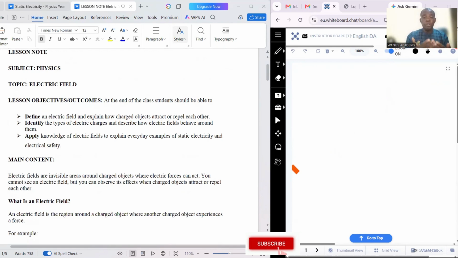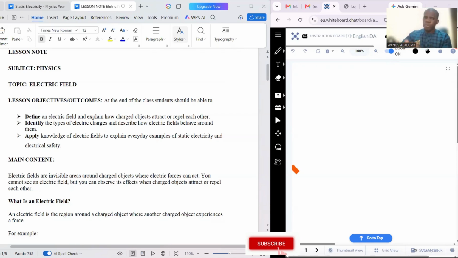Then we are also going to look at how to identify the type of electric charge and describe how electric fields behave around them. Then the third lesson objective is how to apply the knowledge of electric field to explain everyday examples of static electricity and electrical safety. So let's quickly delve into the topic for the day: electric field.